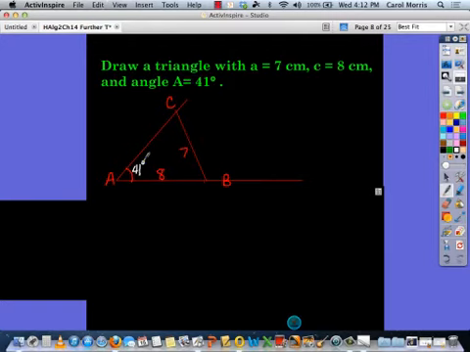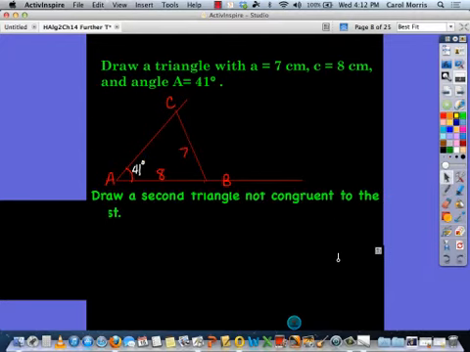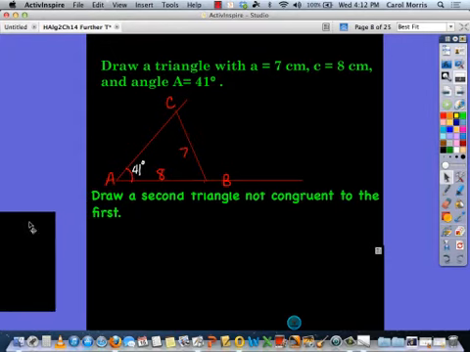Now, if I asked you, draw a different triangle, same set, same situation. So draw a second triangle, not congruent to the first one. And this is something you got to think about. Yes, still, A has to be 7, C has to be 8, and angle A has to be 41.